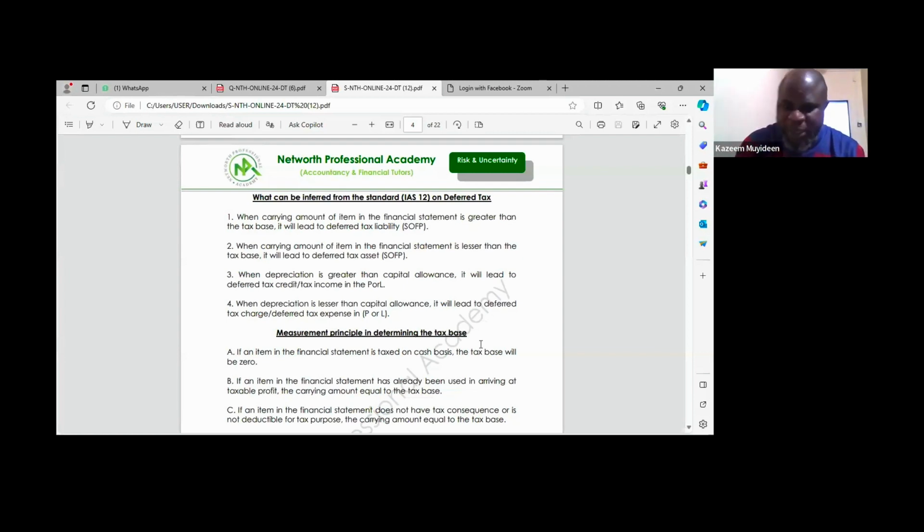Then, when depreciation is greater than the capital allowance, it will lead to deferred tax credit or deferred tax income in the P or L. But when depreciation is less than the capital allowance, it will lead to deferred tax charge or deferred tax expense in the P or L. We have used questions to demonstrate this principle that we infer from the standard.